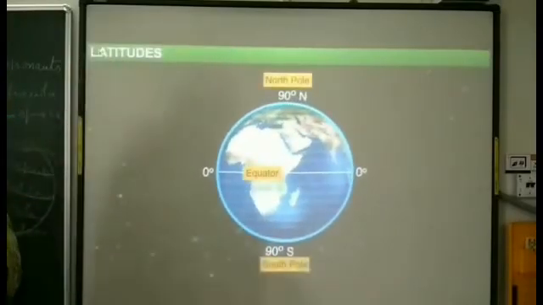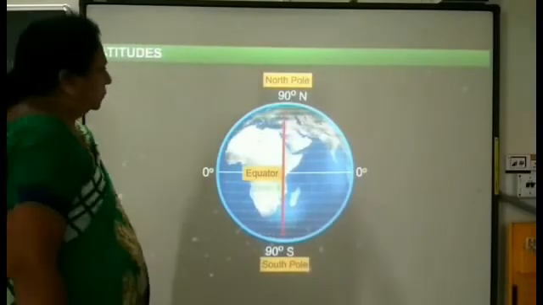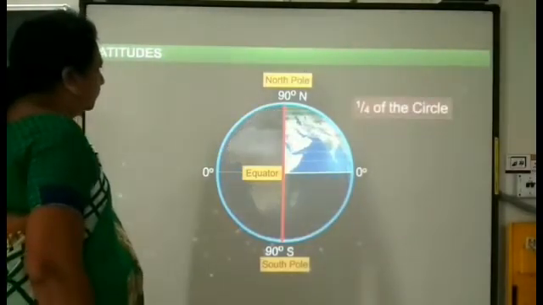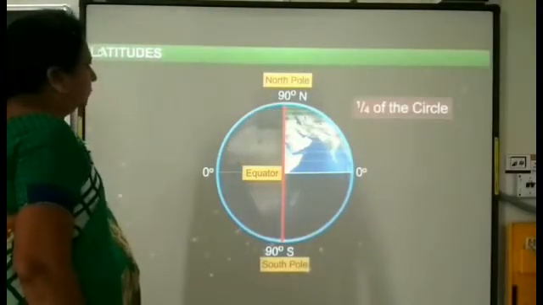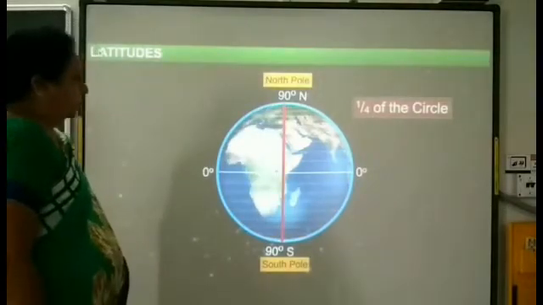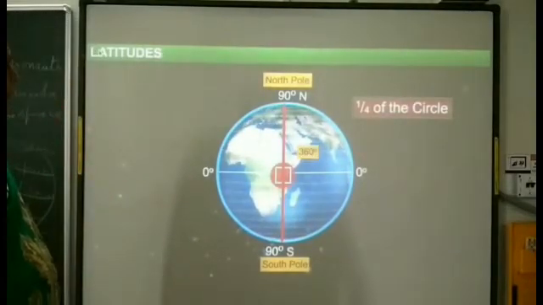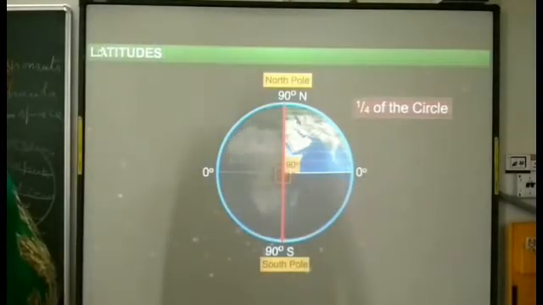The north and south poles are at 90 degrees from the equator. This is because the distance from the equator to the poles is 1/4 of the circle around the Earth. A circle being 360 degrees, 1/4 of the circle is 90 degrees.